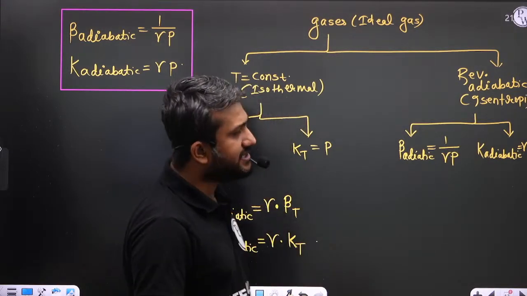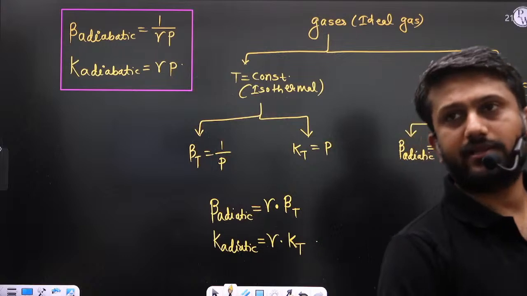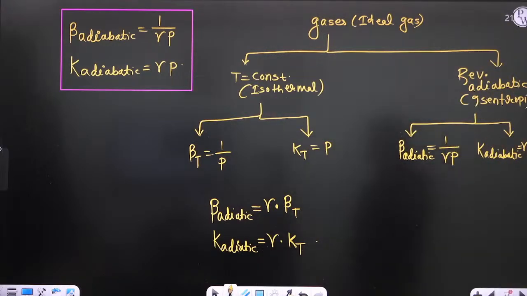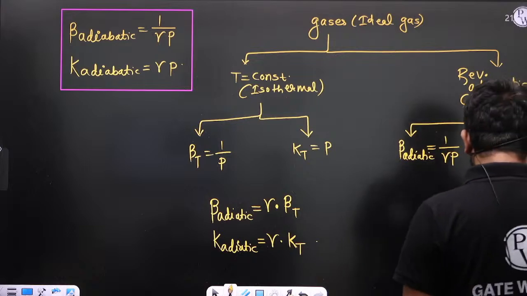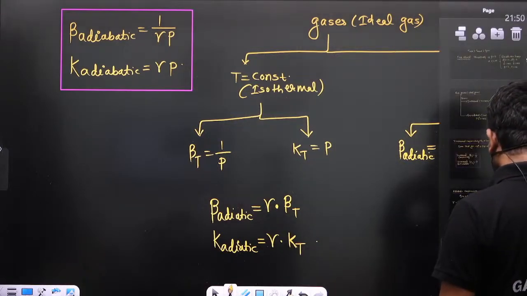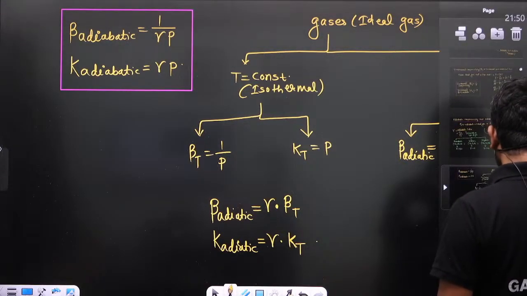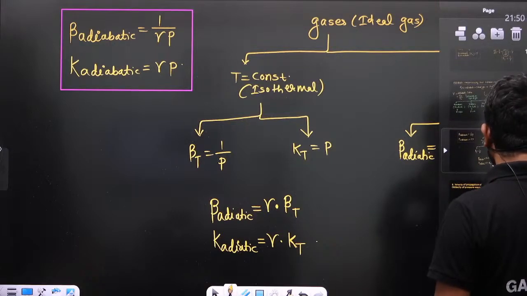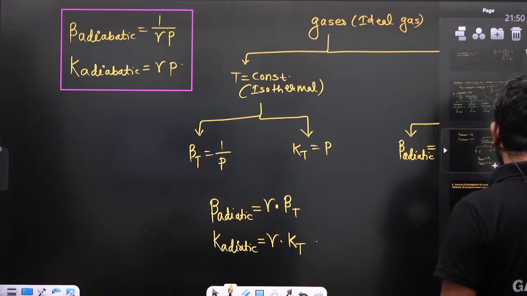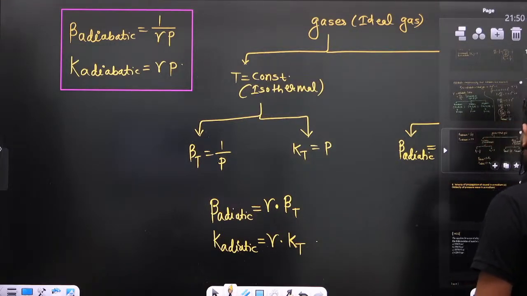So remember this relation. This is about isothermal compressibility, isothermal bulk modulus, adiabatic compressibility, and adiabatic bulk modulus.